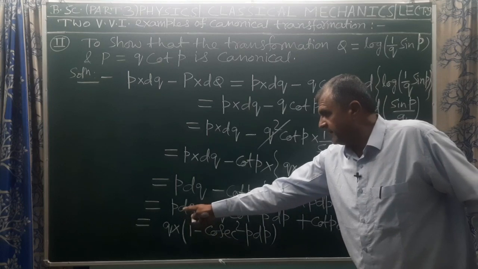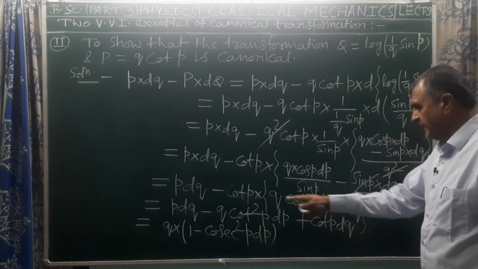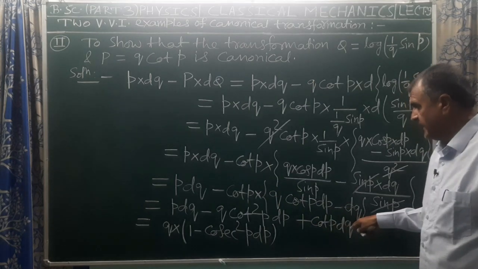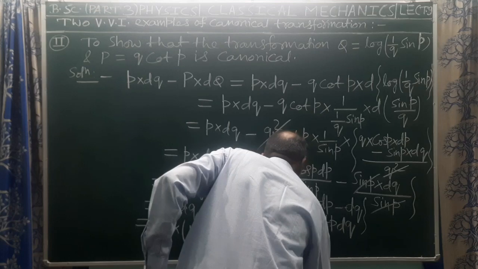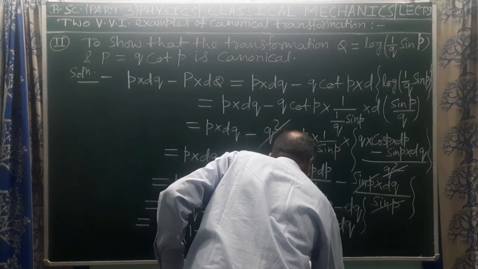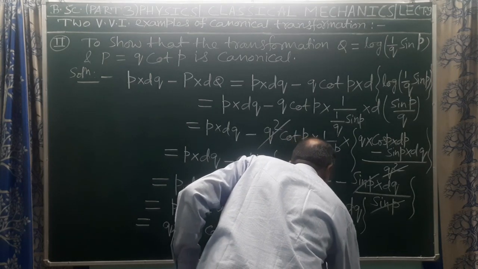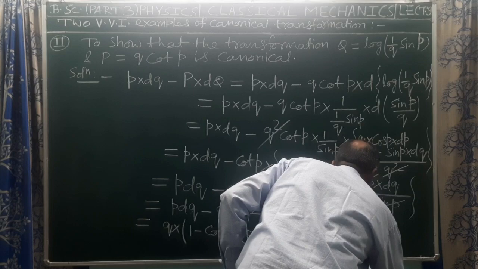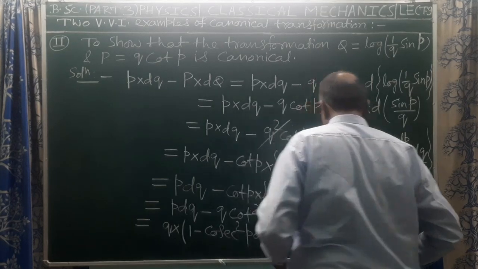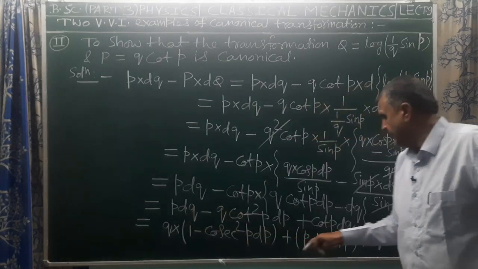The first term is p dq and the third term is cot p dq. In both terms dq is common, so we can write it as plus bracket small p plus cot small p bracket closed multiplied by dq. Taking dq out of the bracket, because dq is common in the first term and in the last term.